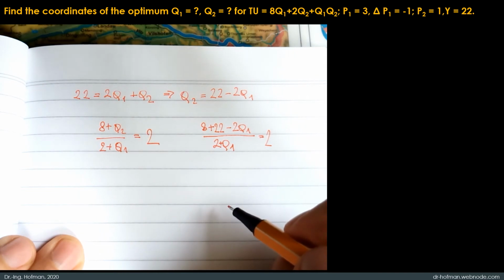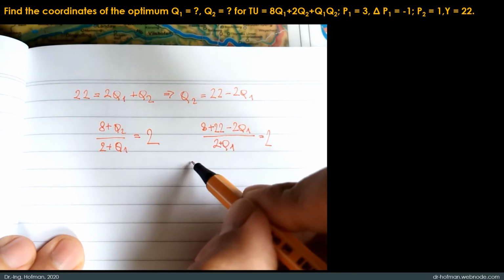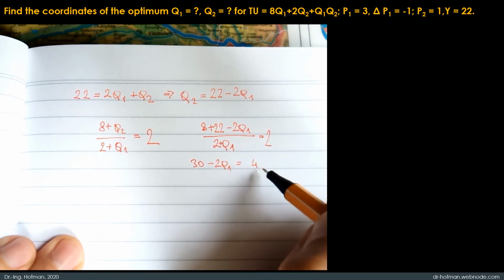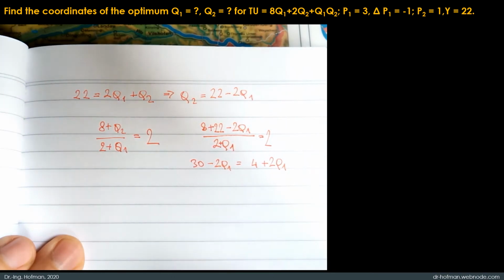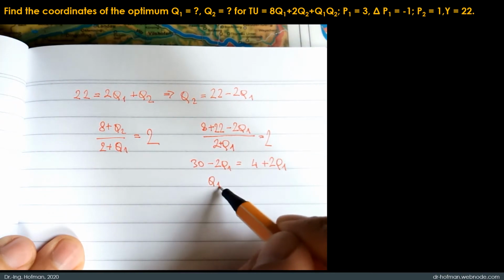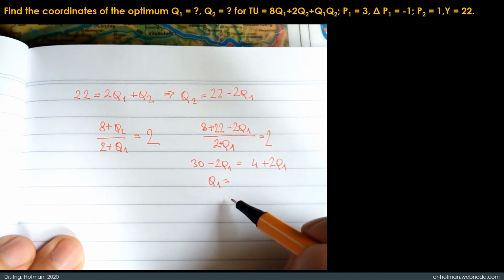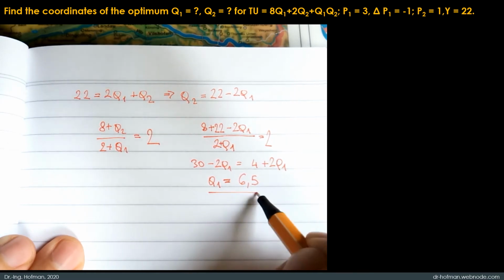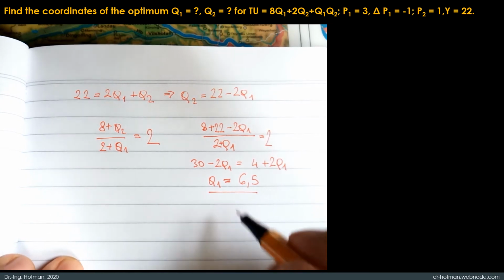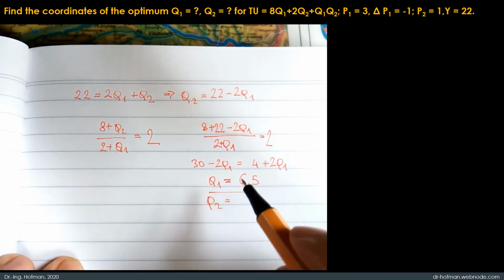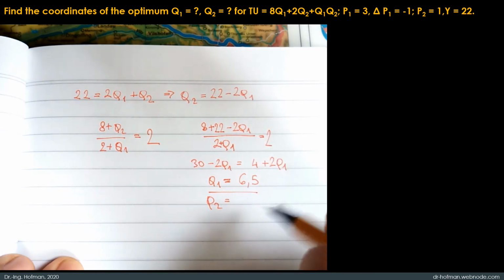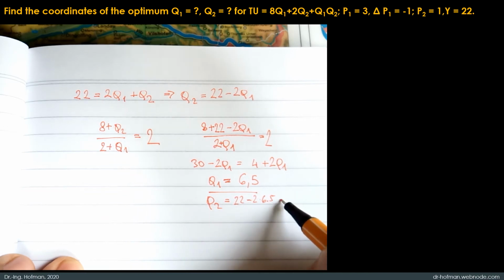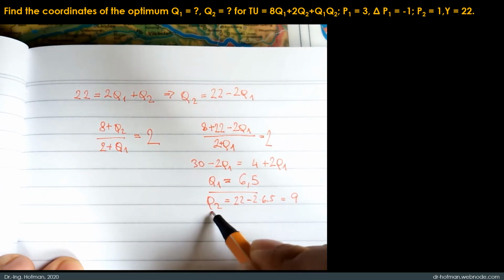Now I just simplify by multiplication. So multiply the whole left side and right side of this equation by the denominator, and you get this. After simplification, Q1 by heart equals 6.5. I just need the other coordinate Q2, which is after substitution 22 minus 2 times 6.5. And by heart, this is 9.